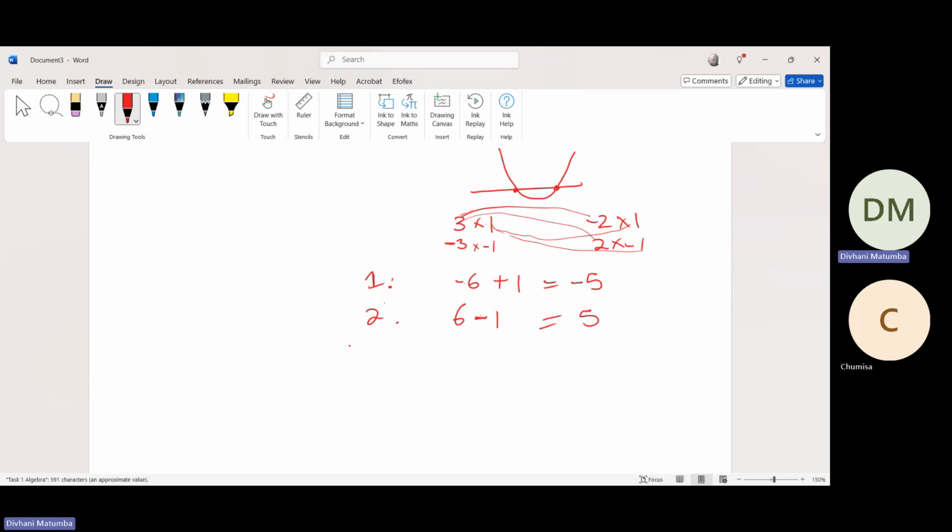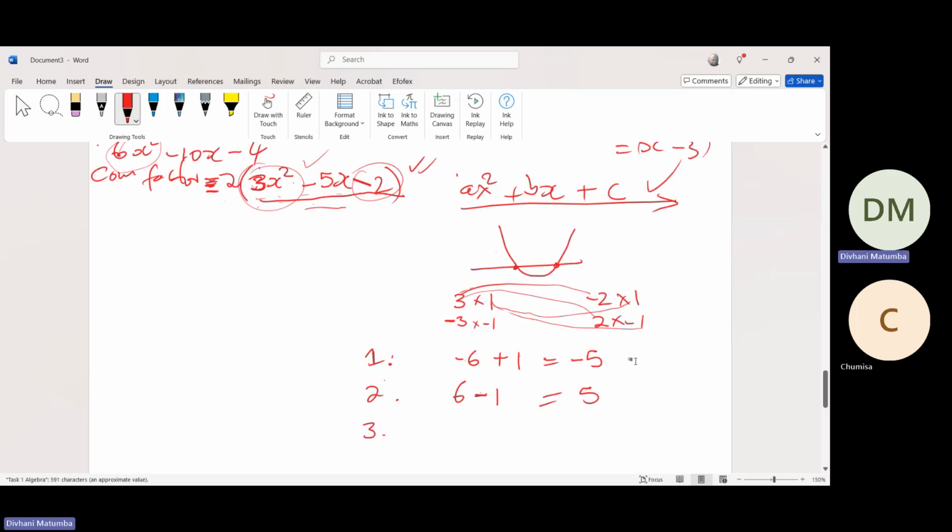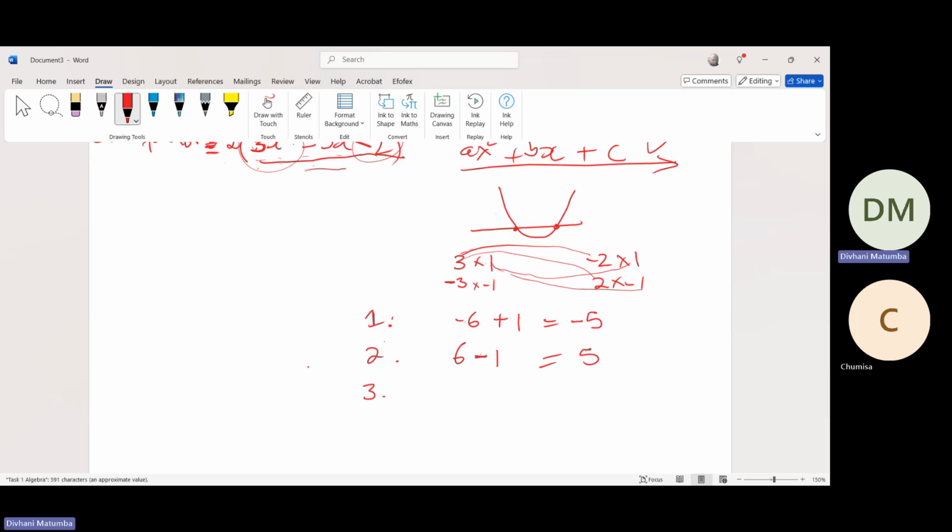The third combination will give me what? -3 times -2, it will be a +6. Remember, I'm doing trials.